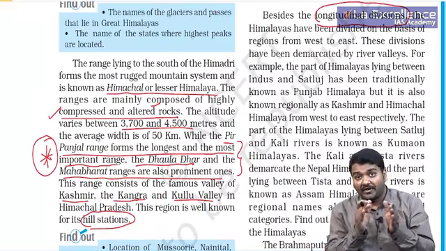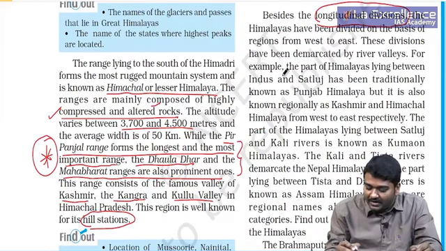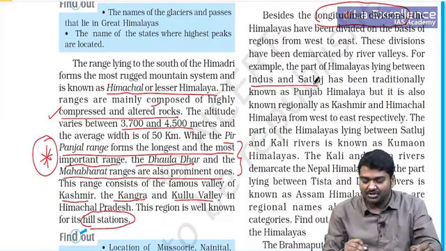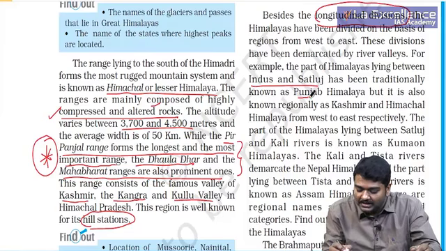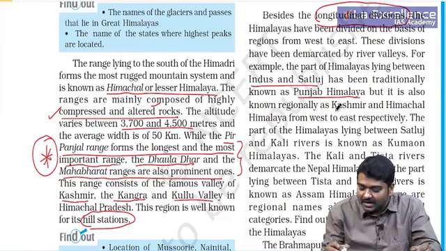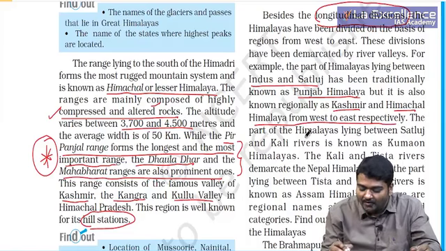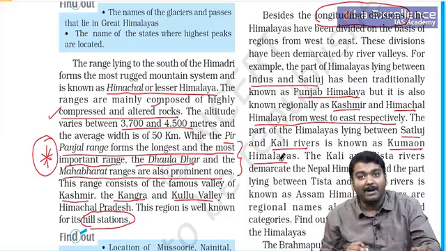On the basis of river movements, the Himalayas are divided. The part between the Indus and Sutlej is traditionally known as the Punjab Himalayas, but it is also known as the Kashmir and Himachal Himalayas from west to east respectively. Then the part of the Himalayas lying between the Sutlej and Kali rivers is known as the Kumaun Himalayas.